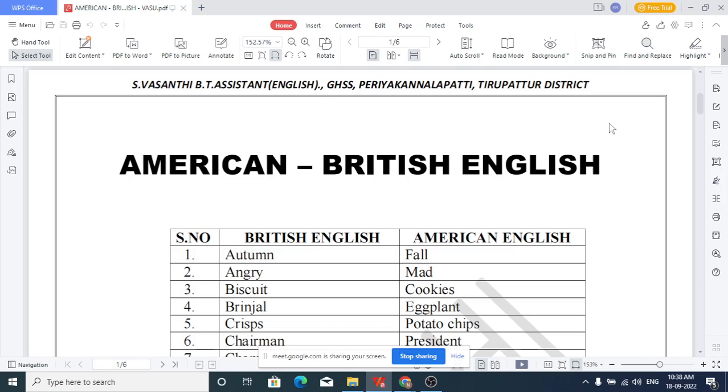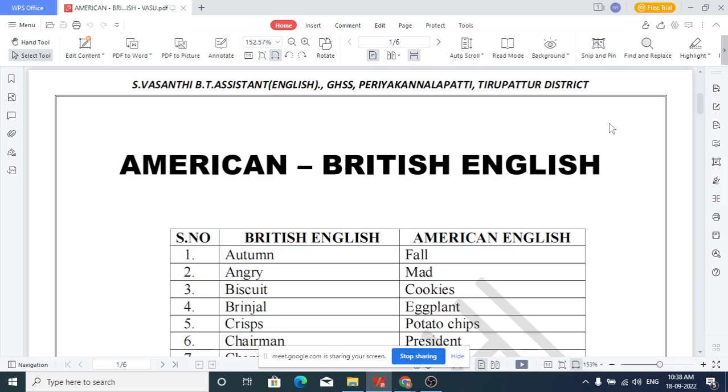For example, autumn. Autumn is a month between summer and winter, isn't it? So in America it is called fall. If you go to American universities, they will ask you, do you want to join in the fall or do you want to join in spring?